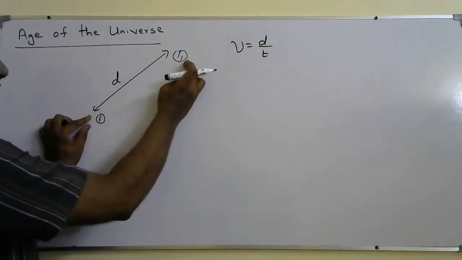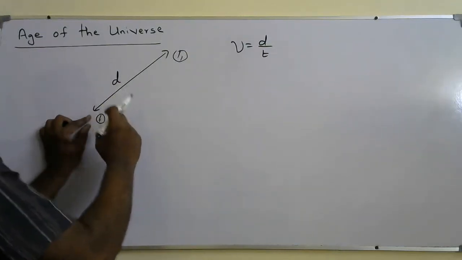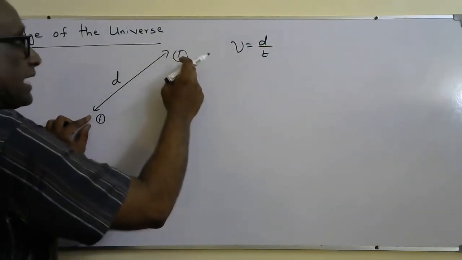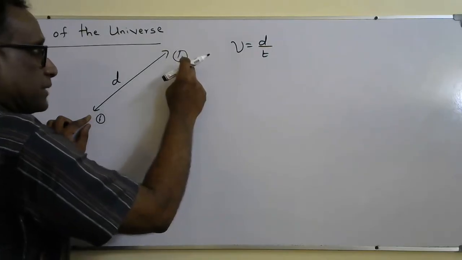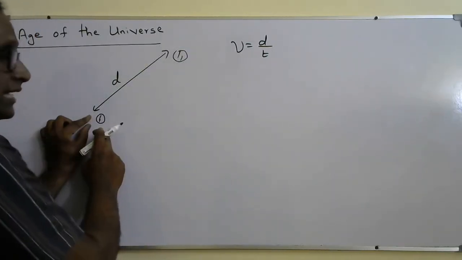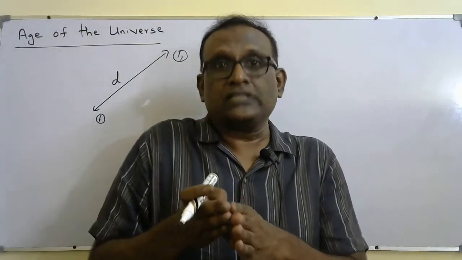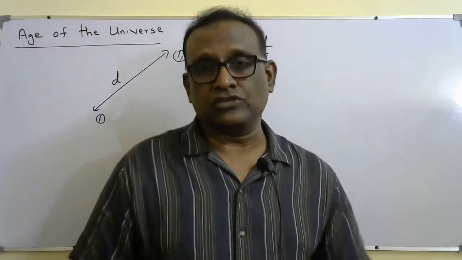Now it has gone to this position, a distance d away from us. If I find the time taken by the galaxy to move a distance d from us, that is the time duration from the moment of the Big Bang. That is the age of the universe.